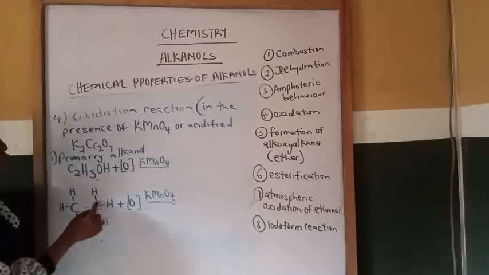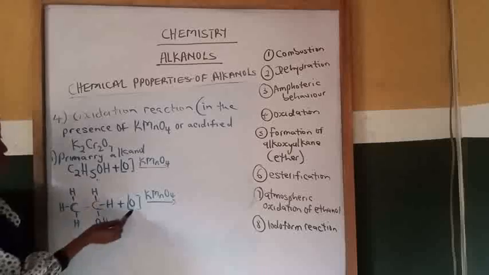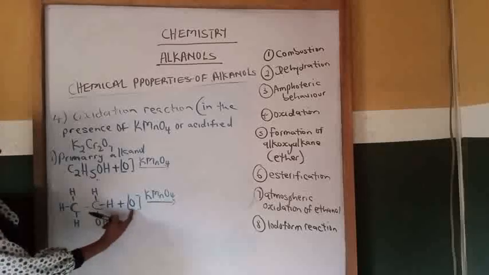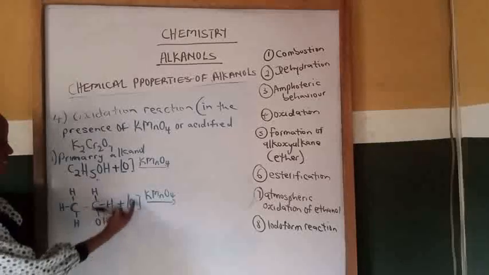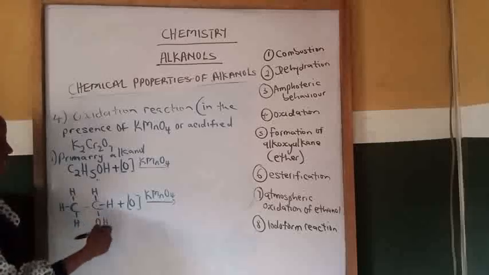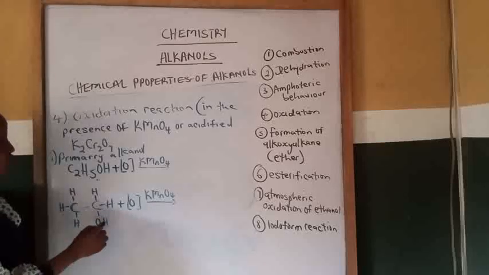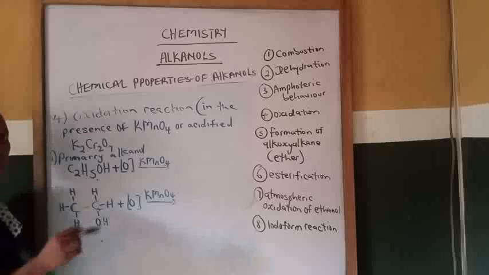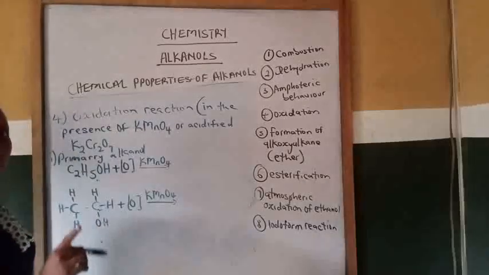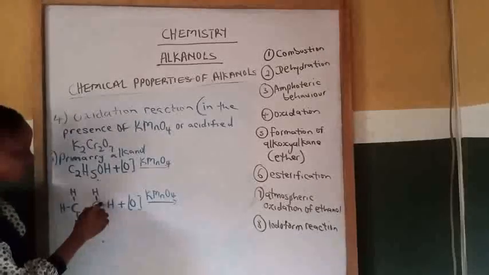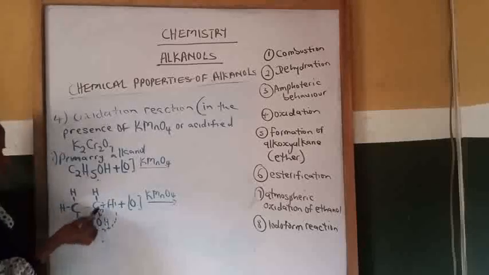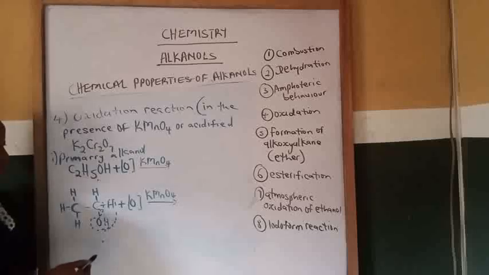You remove water molecule. Then you bring in oxygen. Oxidation is what? Addition of oxygen. So we are going to add oxygen from this oxidizing agent. Oxygen will come in, then you remove water molecule from the carbon atom that is holding your functional group. Don't forget, remove water molecule from the carbon atom holding your functional group. So let's remove water molecule now.